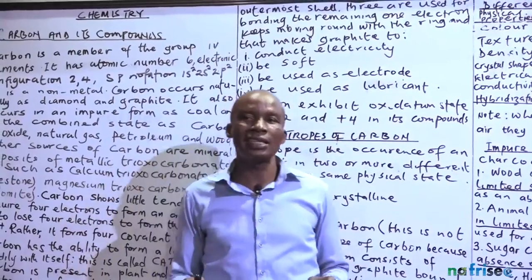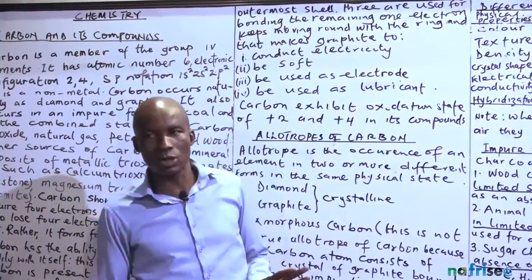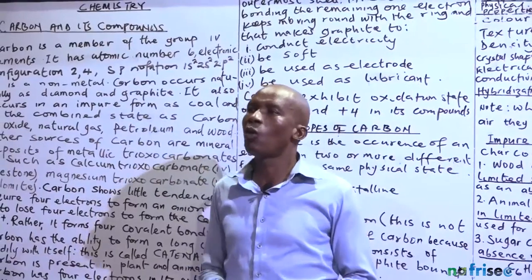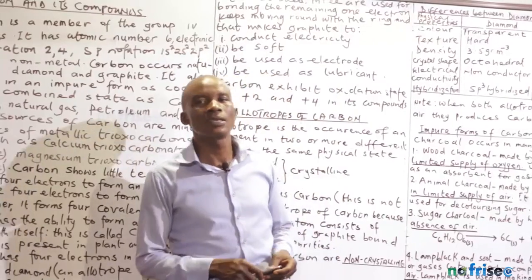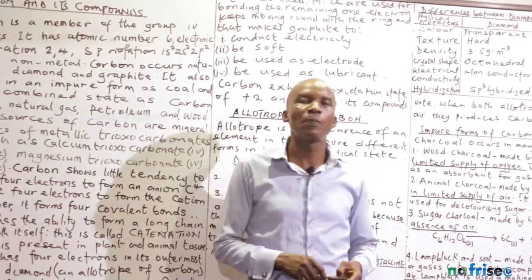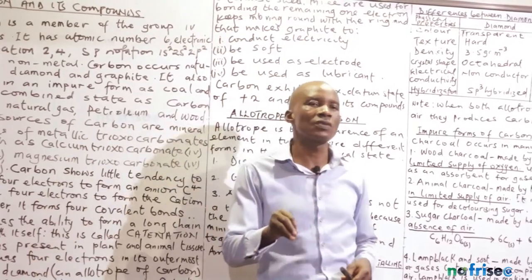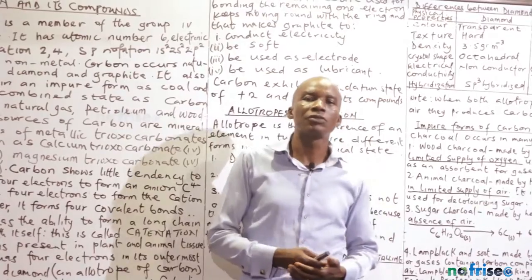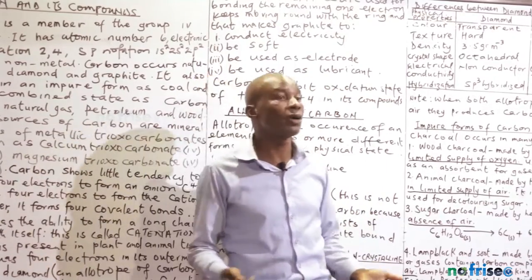Like I said, let me scale down to our various homes. You know the old lantern that people used in olden days, they put kerosene. Some will use kerosene, some will use oil, red oil.